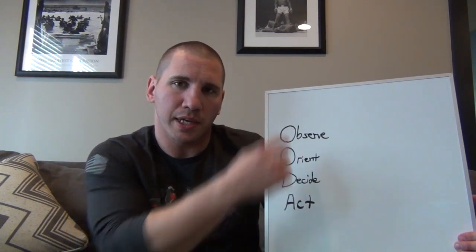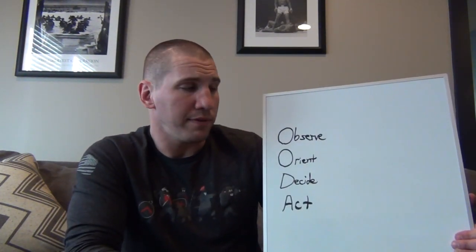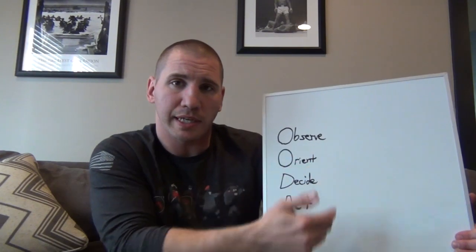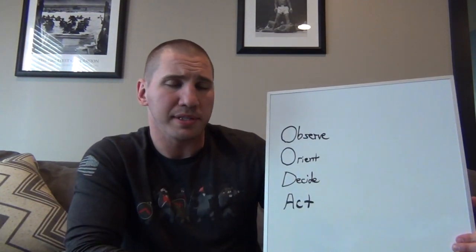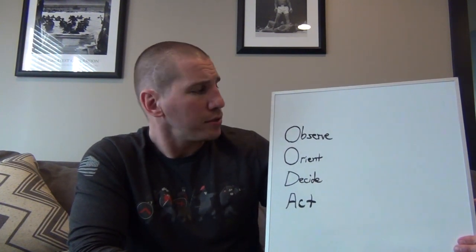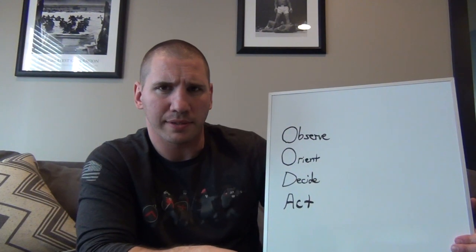If we can get through this process faster than our opponent, or if our opponent keeps getting stuck at one of these stages and we can stay ahead of him in the loop, we're going to be successful. Okay? I'll explain this further so it makes a little more sense. I'll give you an example.